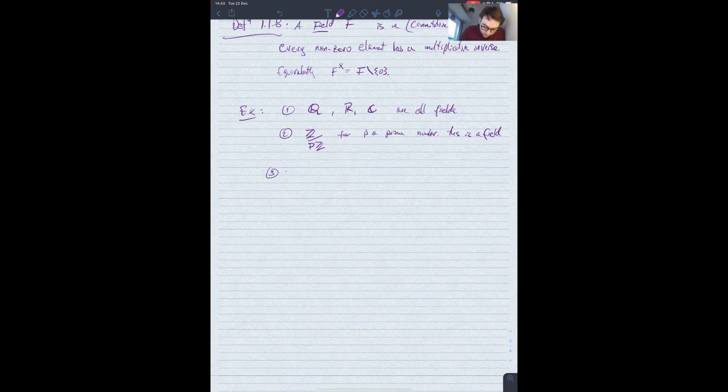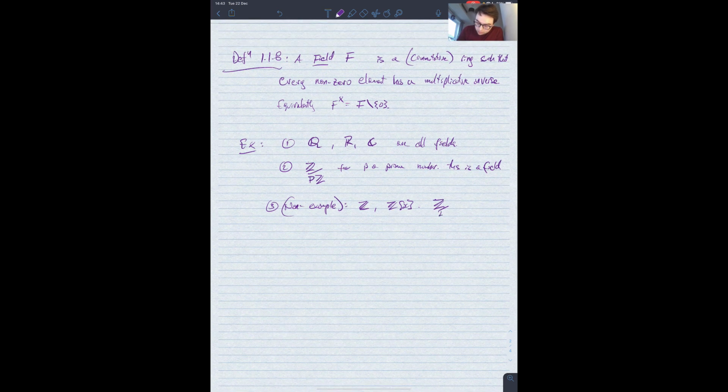Here's a non-example. So this isn't a field. Examples are like the integers, Z[x], for example. These things aren't fields, or like Z mod 4Z.